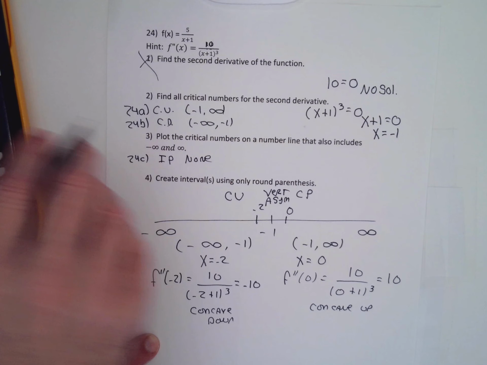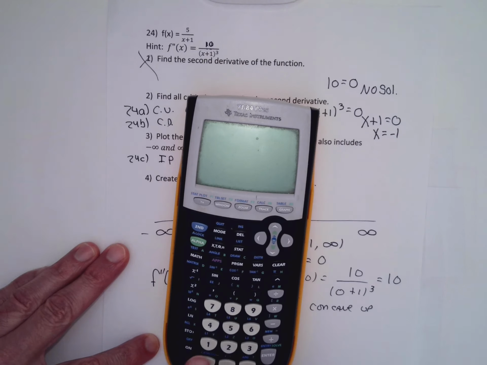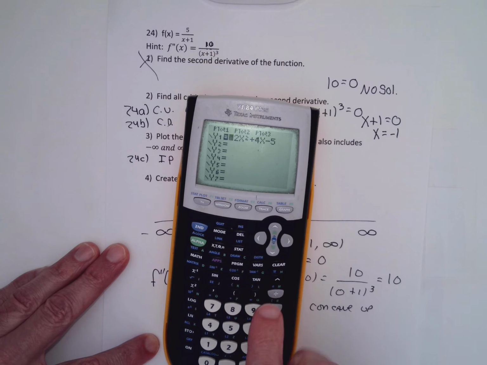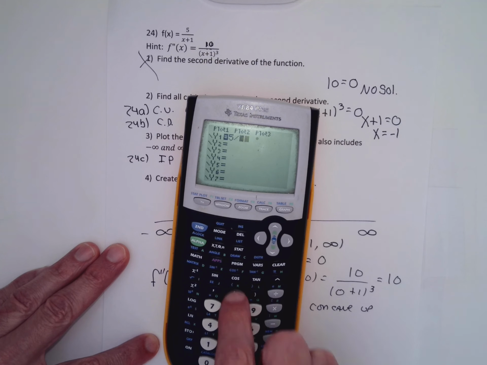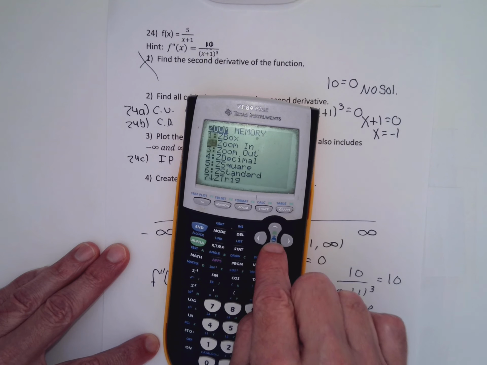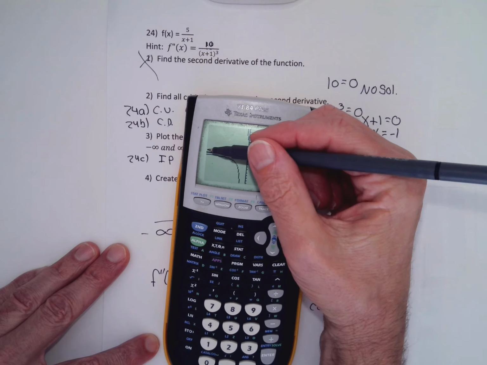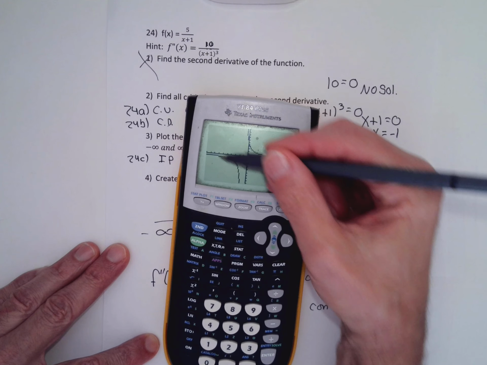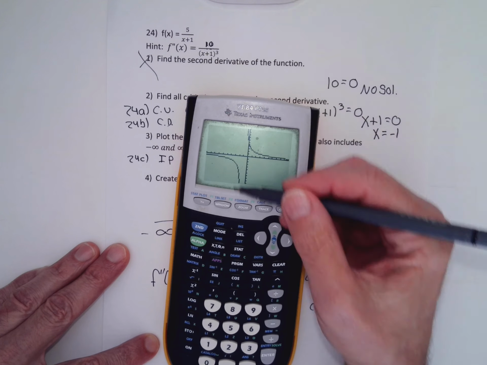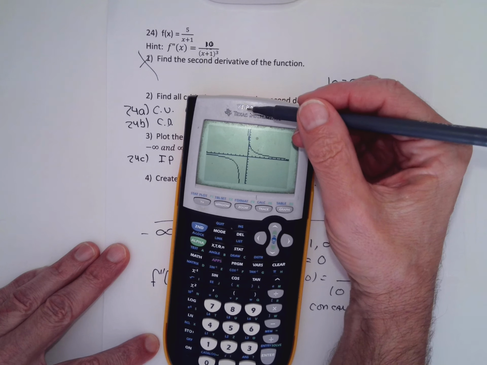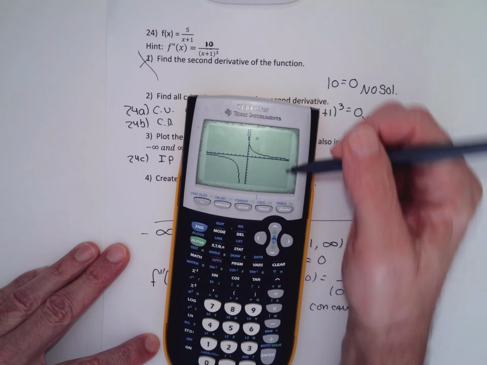And I'll show you this graph just so you could see the graph of 5 over x plus 1. If I graph the function 5 divided by x plus 1, zoom standard because I don't know what window I was messing with. The first region from -infinity to -1, there's the concave down. Have my vertical asymptote at -1. Then the region from -1 to infinity, it's concave up.